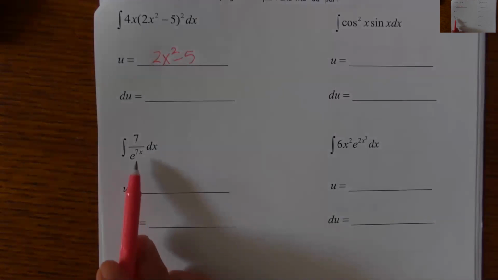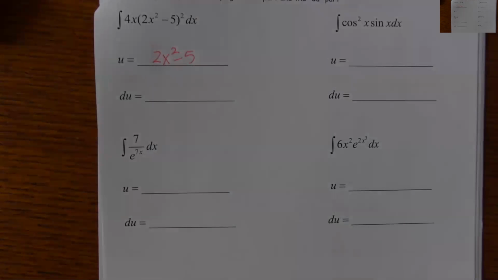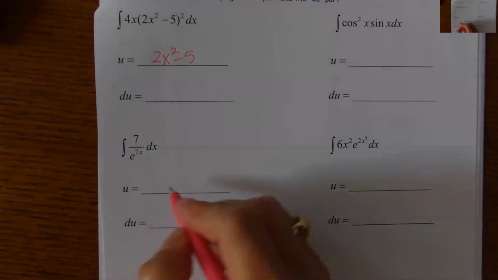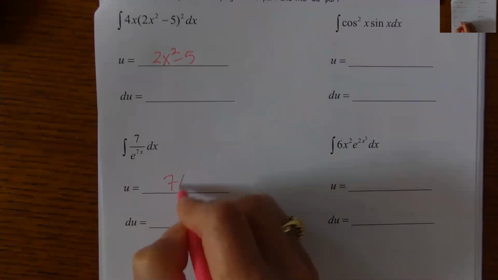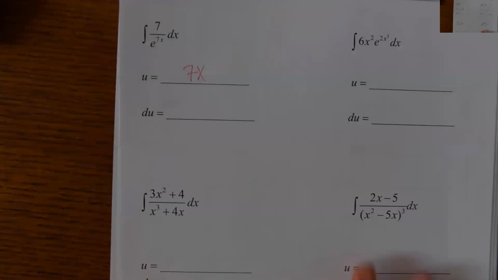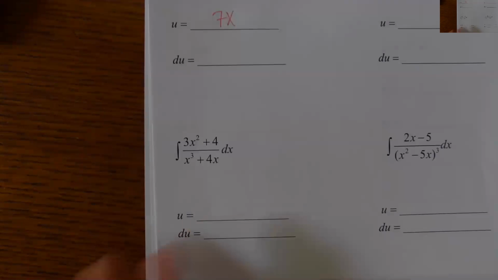Okay? Now, what did our directions say about E? What's the U? Look at your list that we made. What's the U? The thing that E is raised to. So what is that? 7x. Right here, looking at this problem, what part of that is the U?